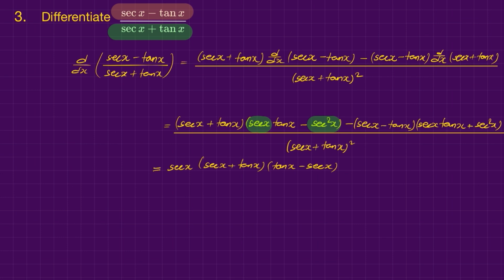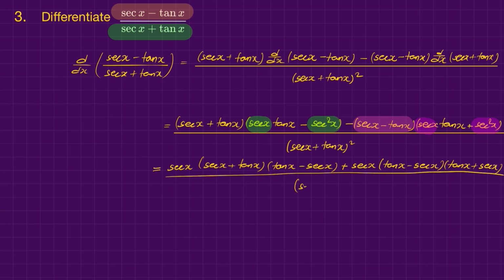And from the second term, let me take sec x and sec x common, and from this portion let me take minus also common. Then it will be plus, and if I take sec x from there, it will be sec x, and here it will be tan x minus sec x, then tan x plus sec x, whole divided by sec x plus tan x whole square.